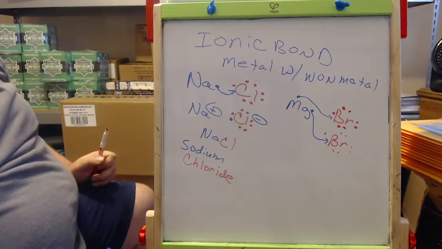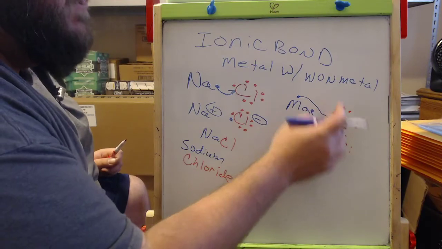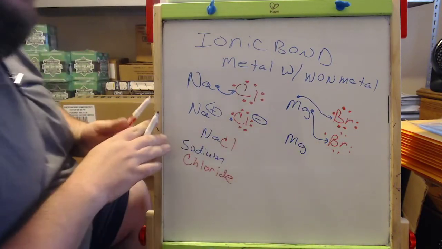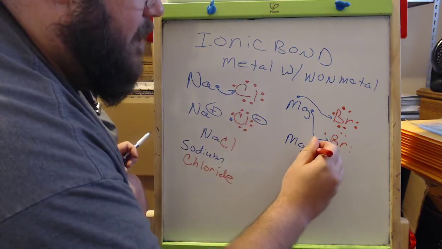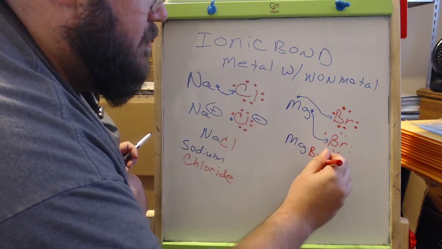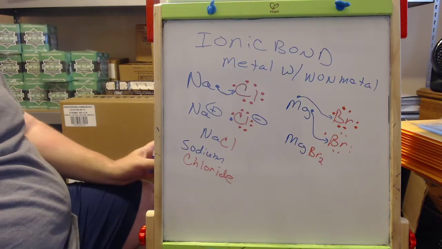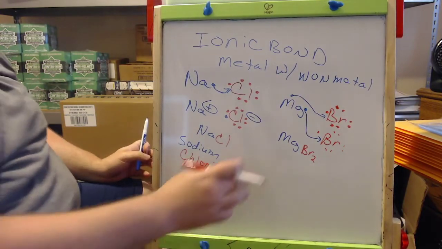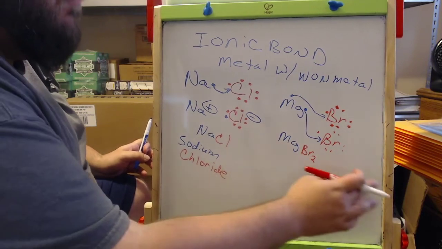All right. Now, both bromines are happy, magnesium's happy, and we write our chemical formula like the following. MgBr2. And this would be magnesium bromide.